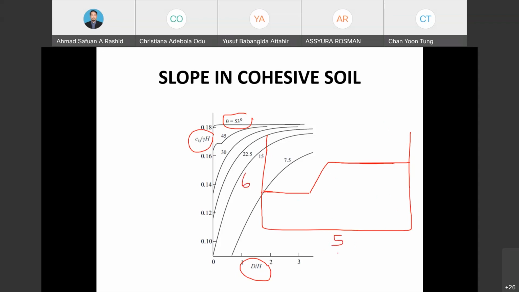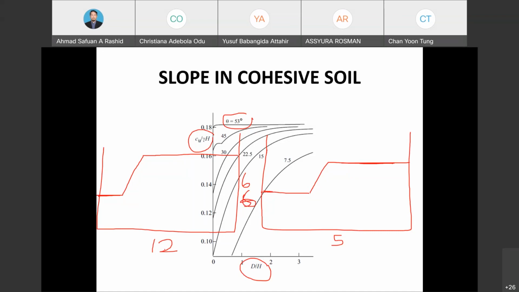By introducing this kind of dimensionless, any other researcher who deals with a different size of chamber, for example, he used 12, can verify his result by using this dimensionless chart.